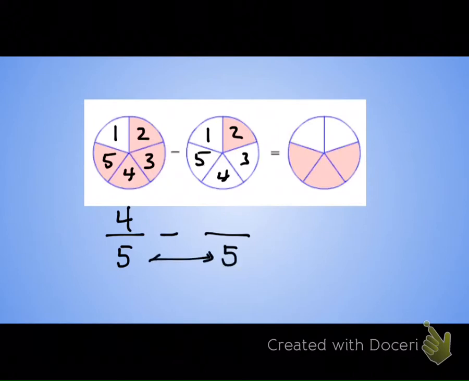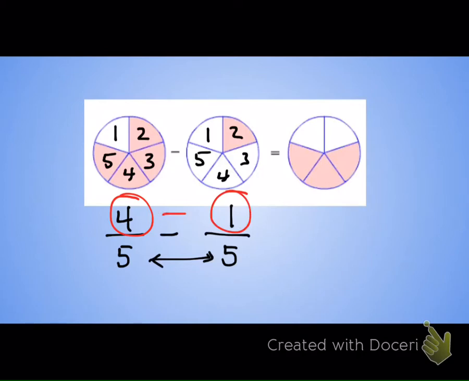Again, we have like fractions. That's what we have to have in order to add or subtract fractions. We have 1 colored in. So we are going to go ahead and subtract these two numerators from one another. 4 minus 1 is equal to 3. Our denominator, still the same amount of pieces, right?